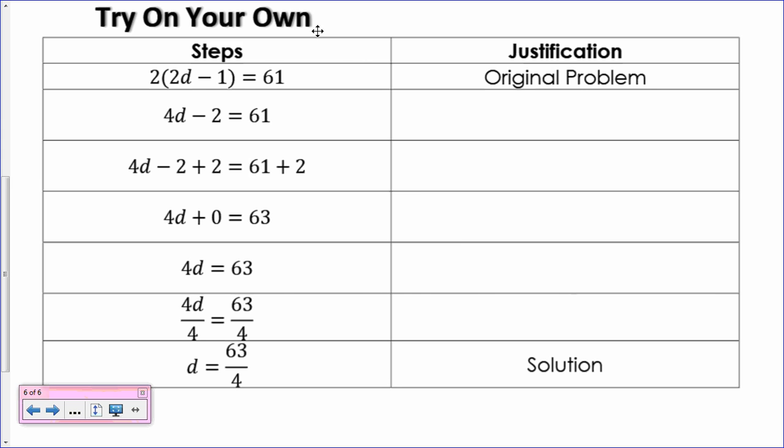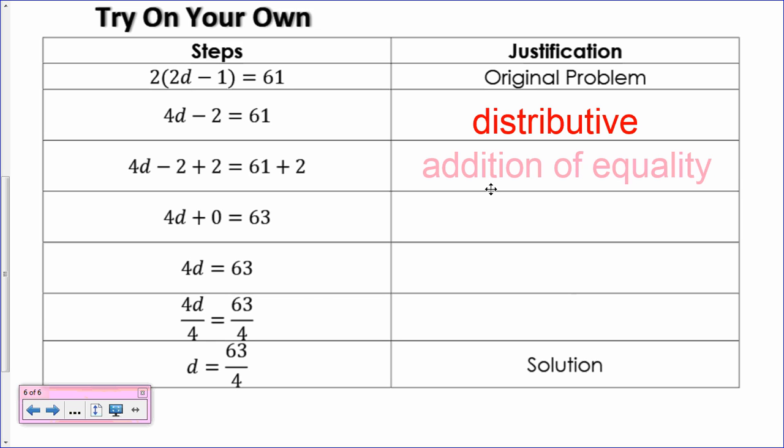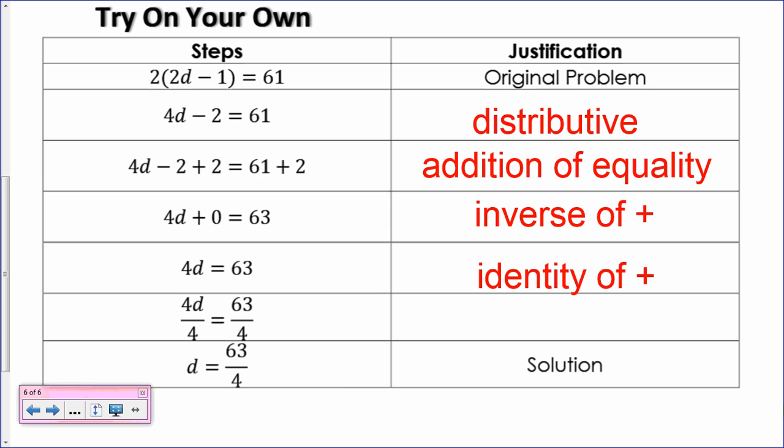Okay, so not too bad. Going from the first step to the second step, that was the distributive property. Then going from here to here, I added 2 to both sides. That's the addition property of equality. My minus 2 and plus 2 became 0. My 64 and 2 became 66. So that's substitution. But here, that was the inverse property of addition. 4d plus 0 to just 4d is the identity property of addition.